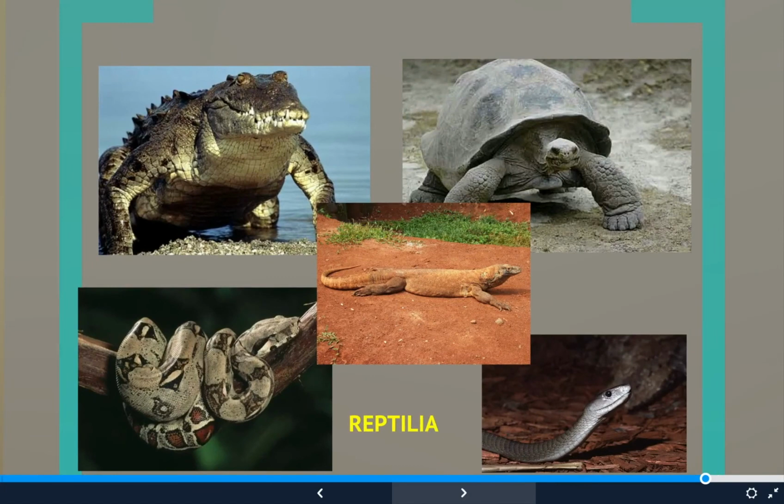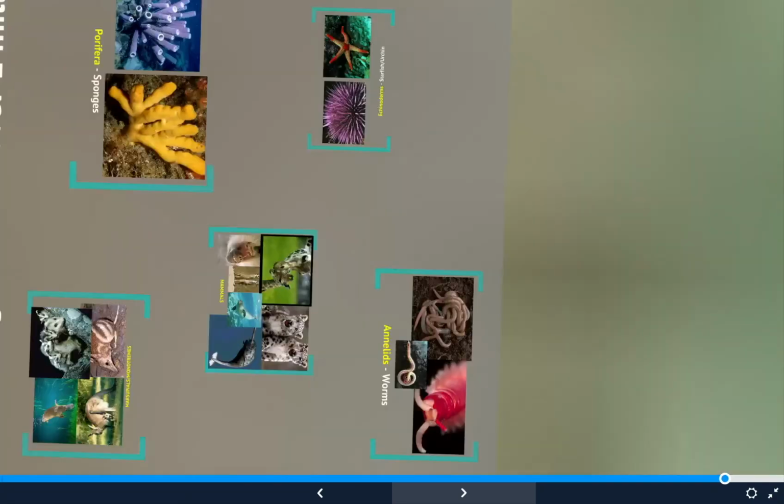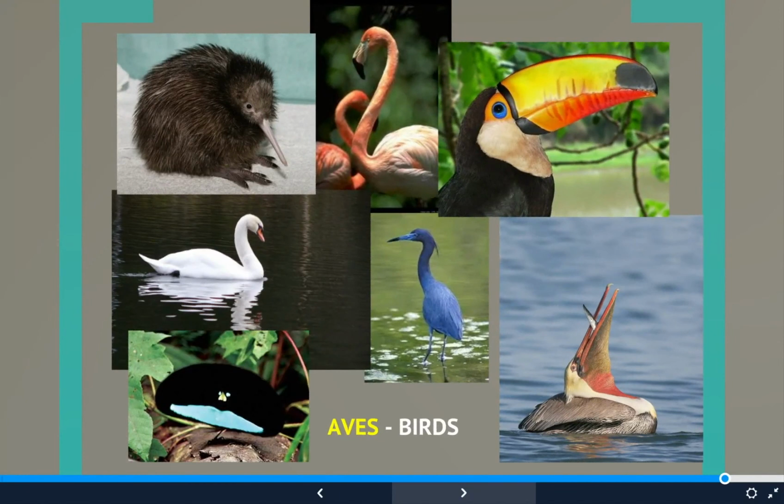Reptiles. Reptilia are cold-blooded. They do not give live birth. They typically lay eggs. Typically, right? Reptiles, again, are cold-blooded. Another class of the phylum Chordata is aves.